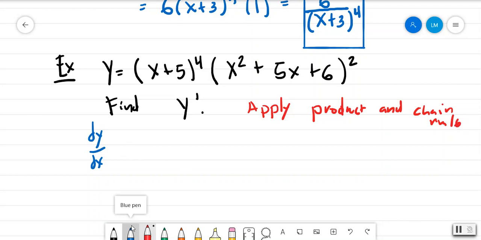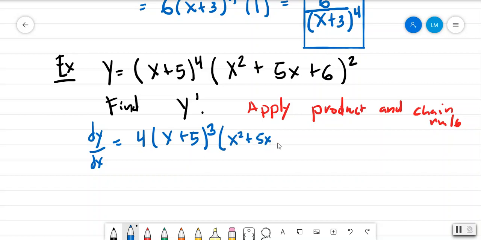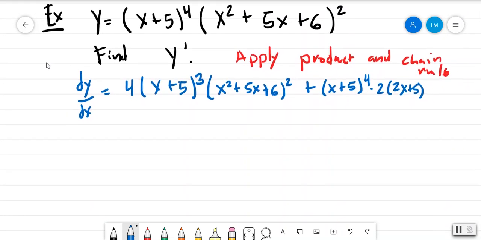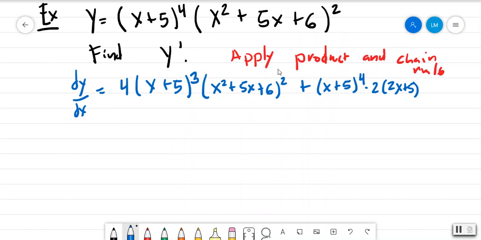Okay, so in this case, the derivative of x plus 5 to the fourth power is going to be 4 multiplied by x plus 5 raised to the third power multiplied by x squared plus 5x plus 6 raised to the second power, plus, okay, so now we have x plus 5 to the fourth power, but this is going to be multiplied by 2 times 2x plus 5, and we're going to multiply that by x squared plus 5x plus 6.